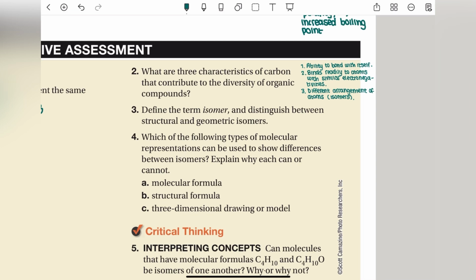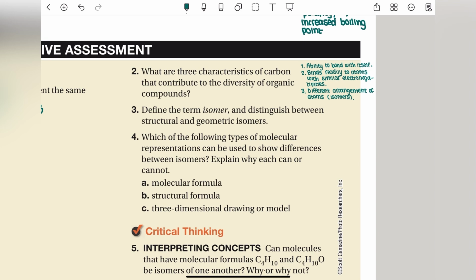So once again, an isomer is a compound that has the same molecular formula as another compound, but has a different structure than another compound with the same molecular formula.